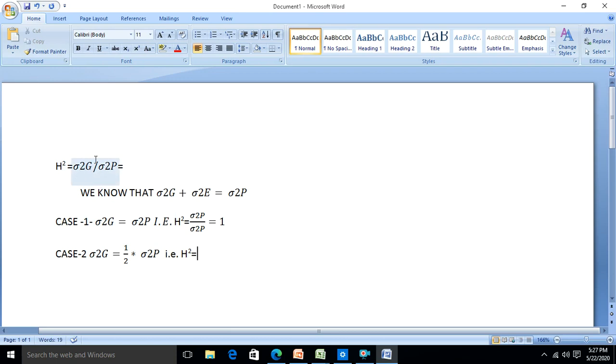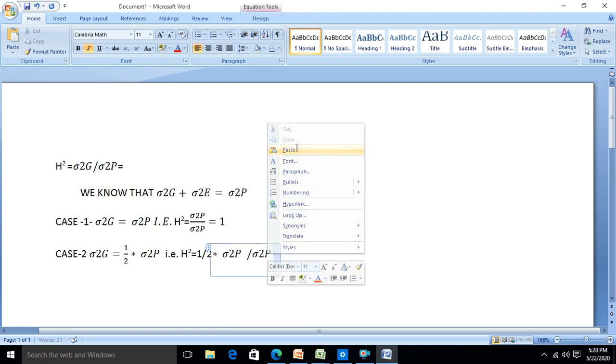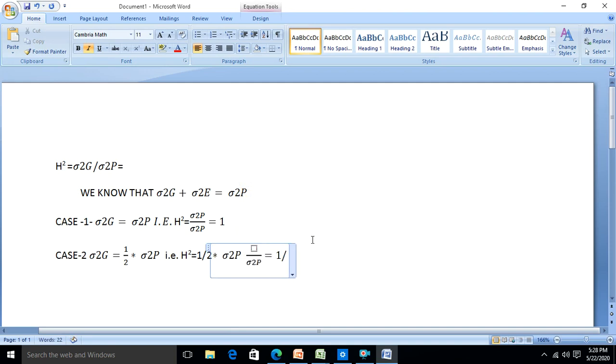So the formula will be reduced to heritability. I substitute this given condition into this formula of heritability and I get it will be equal to half sigma square p upon simply sigma square p, which will be equal to half, that is equal to 0.5.